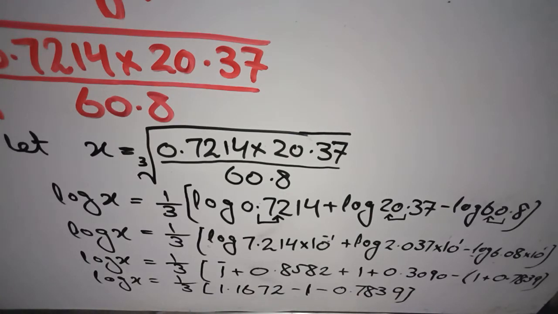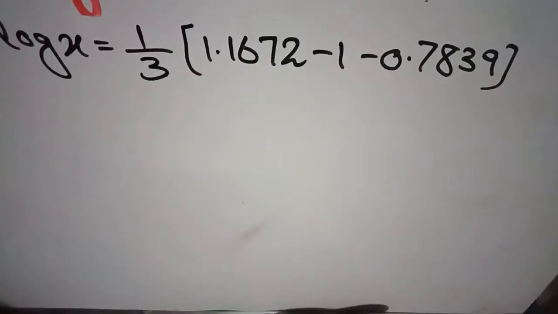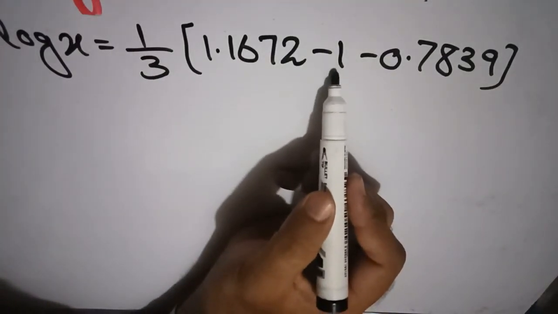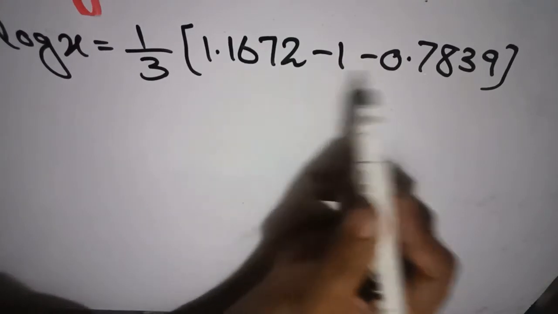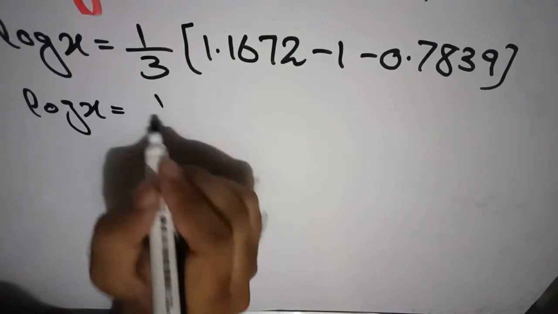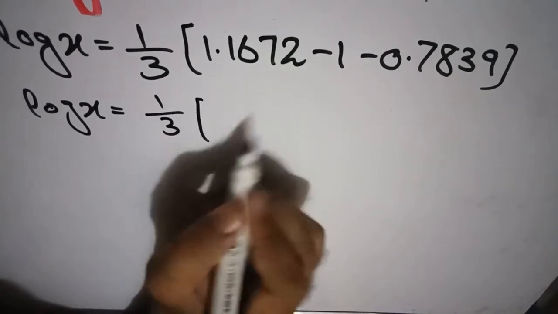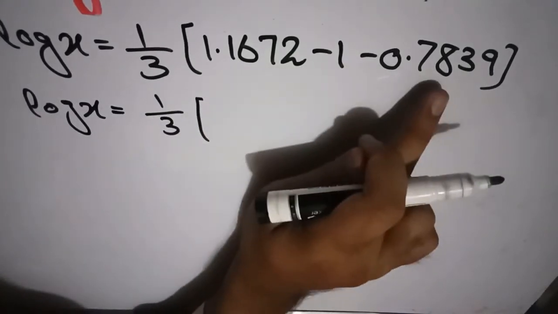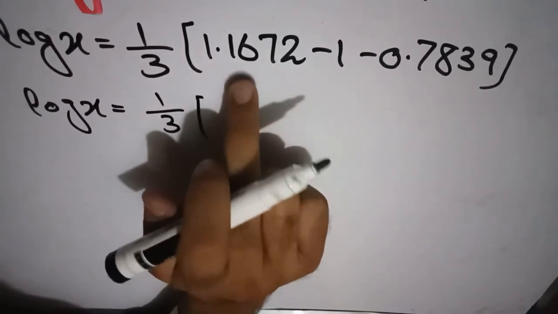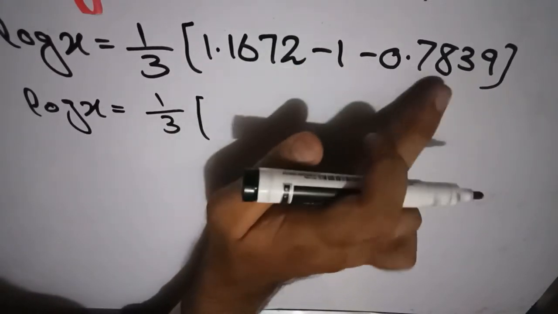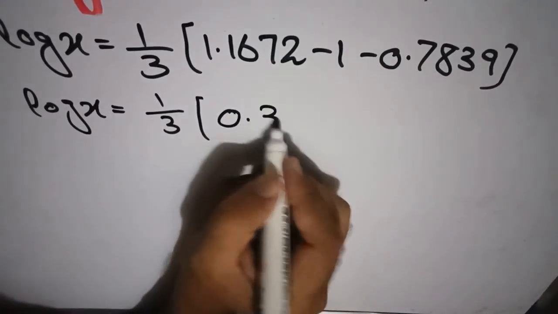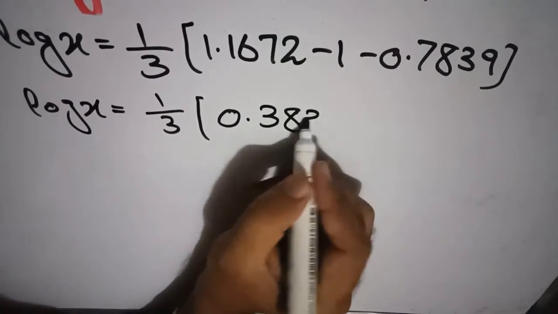Okay. Now we will subtract these values. Just -1 remains as it is. Now deal this value with this one, so it will be easy for you to find the answer. When you subtract, 1.1672 minus 0.7839, you will get 0.3833.